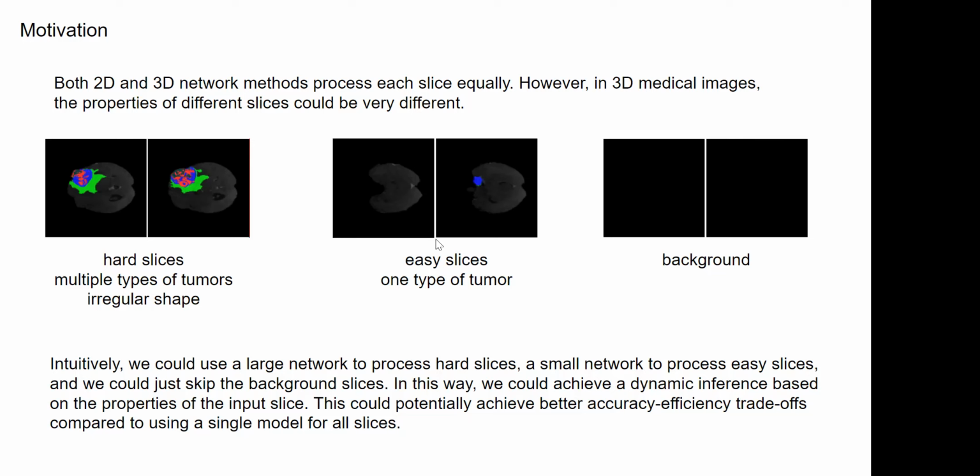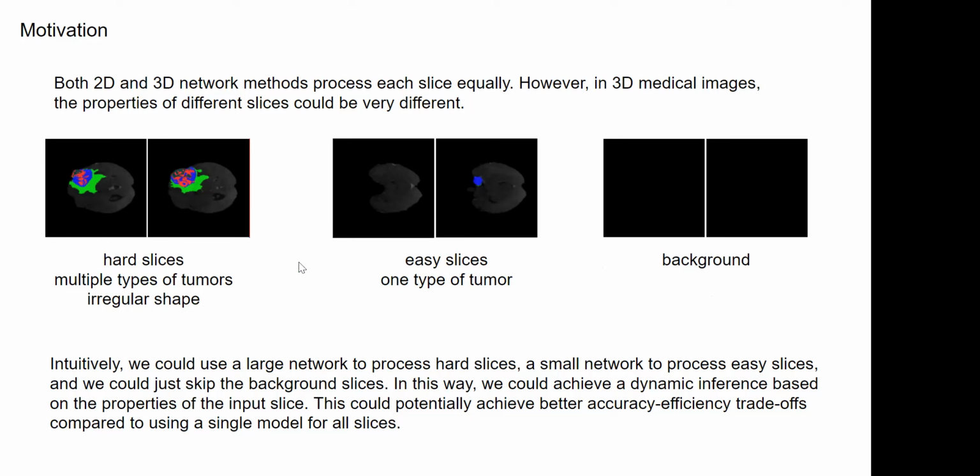For the slices in the middle, they may only contain one type of simple tumor or small tumors. These slices are very easy to segment, and we can just use a small model to process them. And the last one may contain nothing, so basically it is just background, and for those slices we can just skip them to save computation.